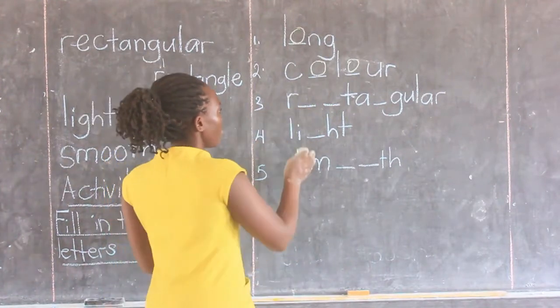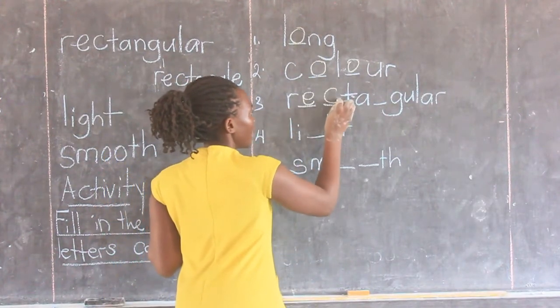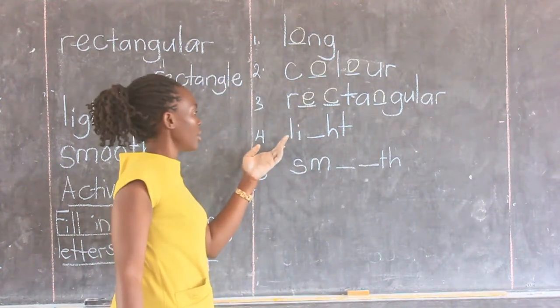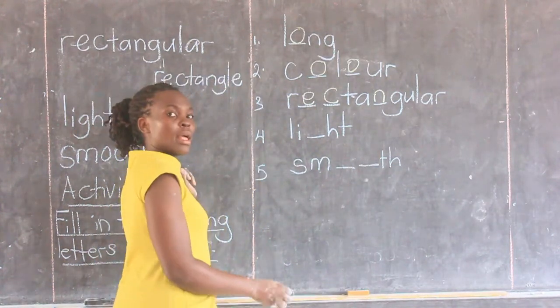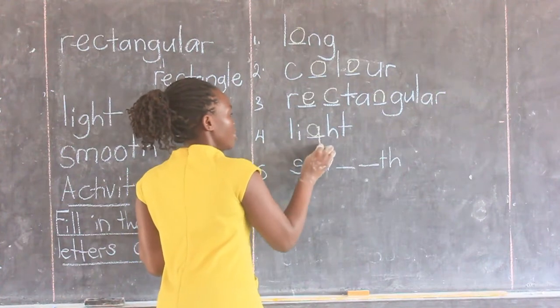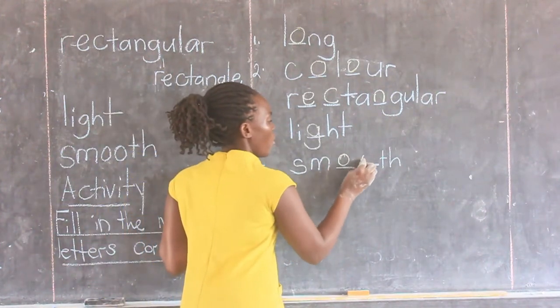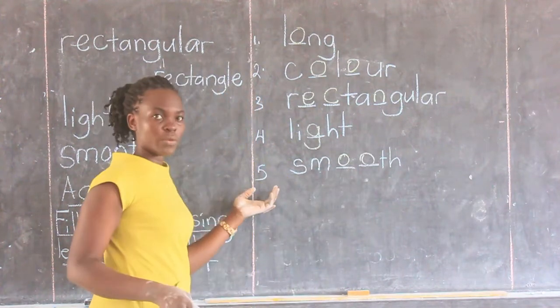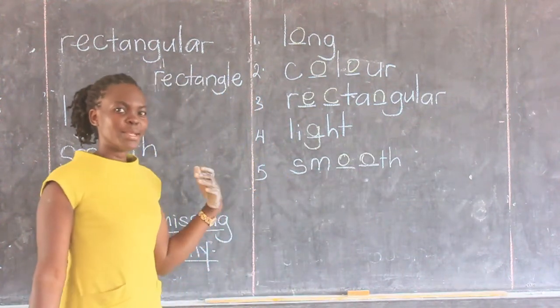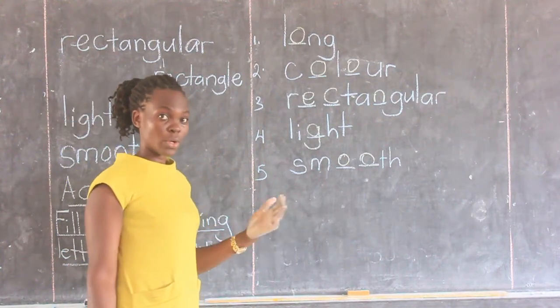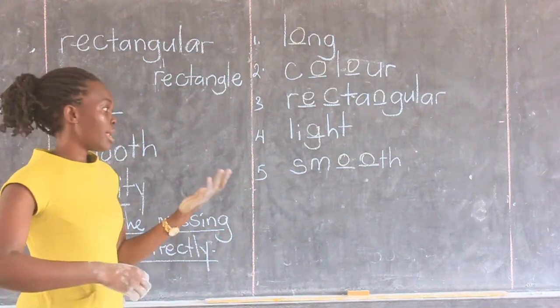Then I move to number three, E here, C. Then N to make it rectangular. I move to the next number. G is missing to make it light. Then lastly, we have O. Oh, you have a 5 out of 5? Perfect, well done. So I'm giving more numbers for you to practice, to learn these words.